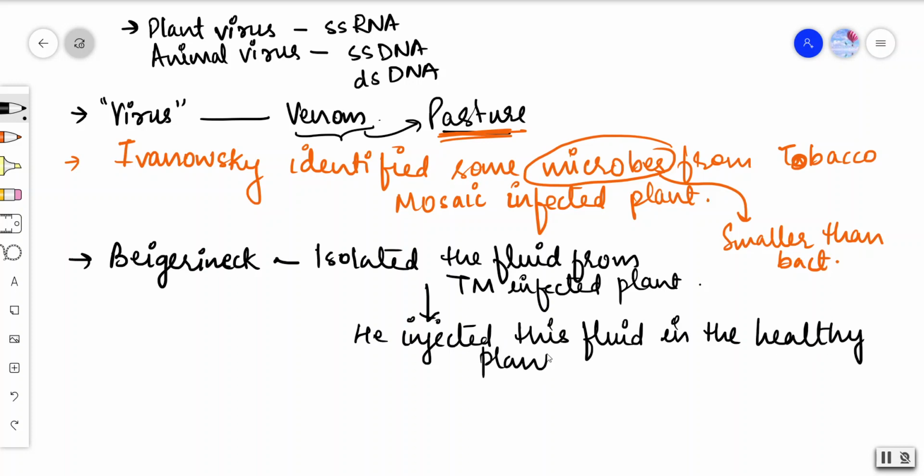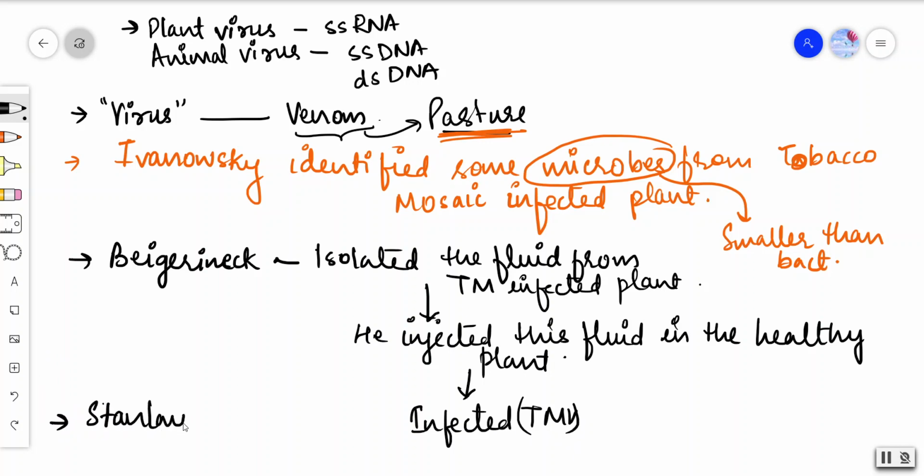And what is the result of this? All the plants get infected with tobacco mosaic virus, TMV. Okay, so this is the contribution of scientists to identify the virus.